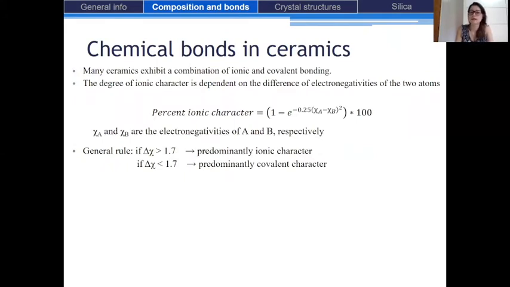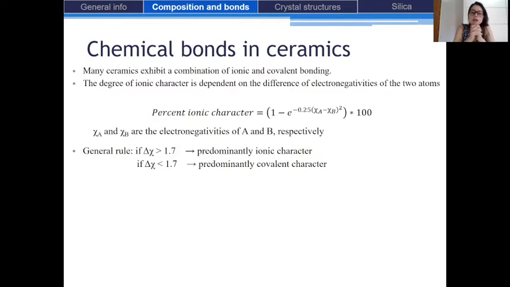Many ceramics exhibit a combination of ionic and covalent bonding, and the degree of ionic character is dependent on the difference of electronegativities between the two atoms. So there is this equation to calculate the percent ionic character in a ceramic.